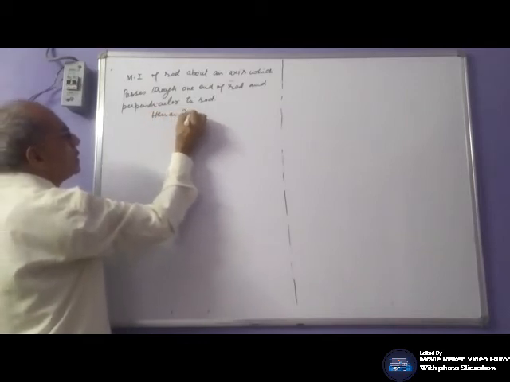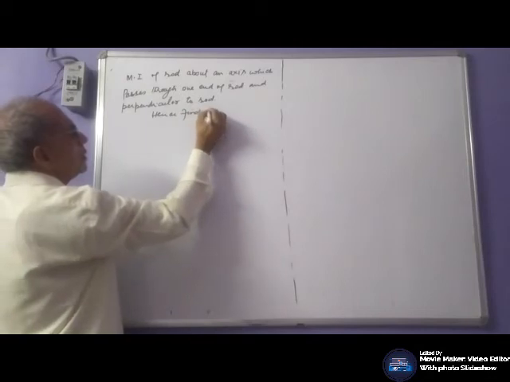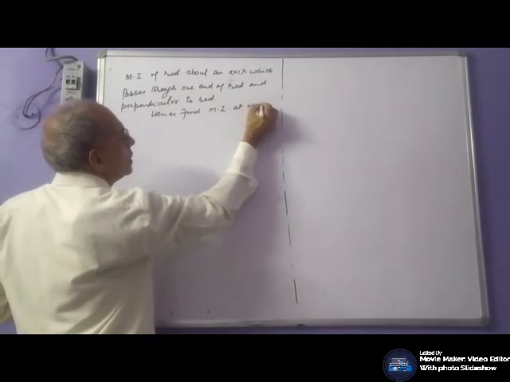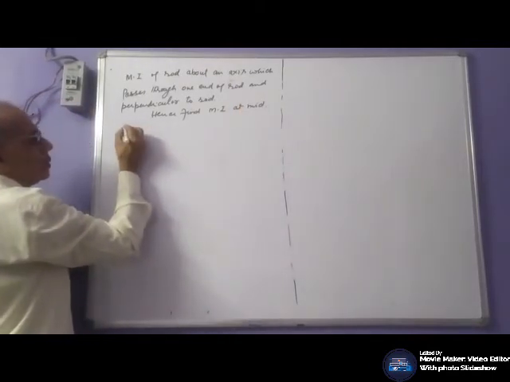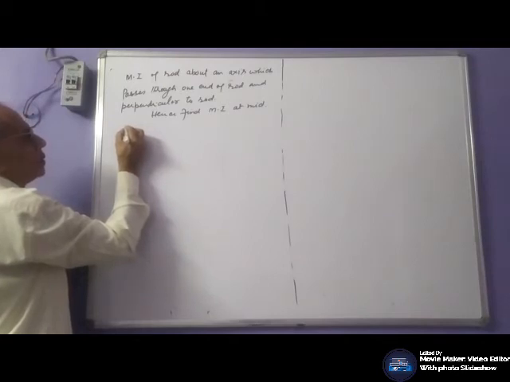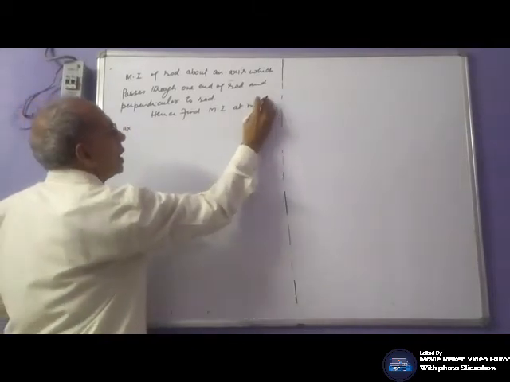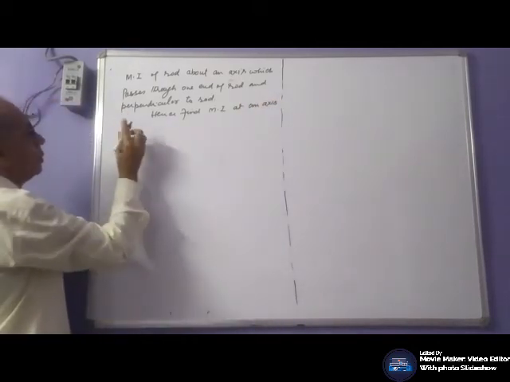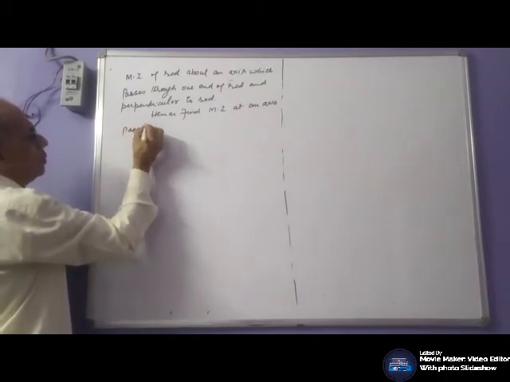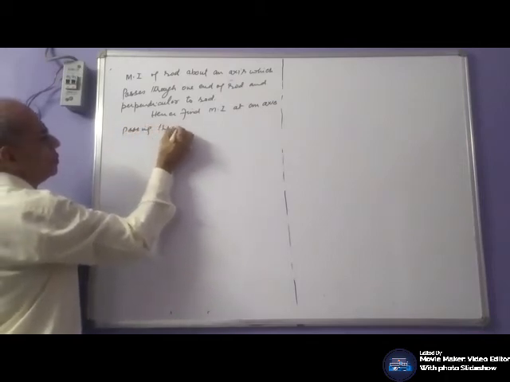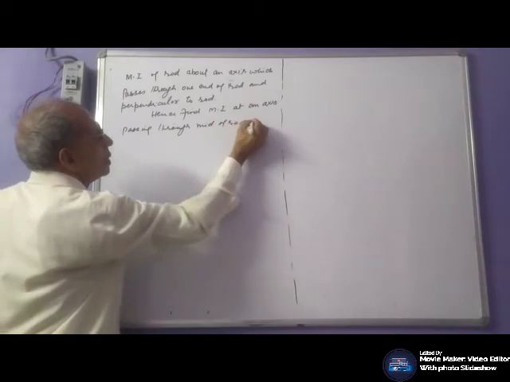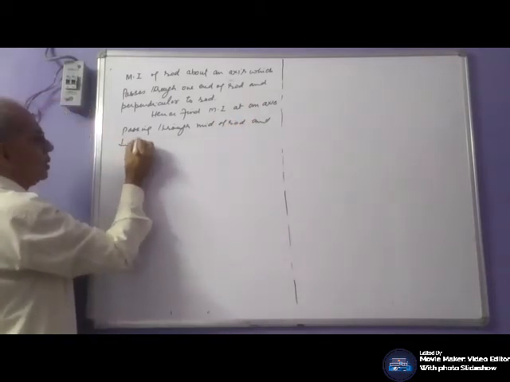Hence find MI at mid, at an axis passing through mid of rod and perpendicular to rod.